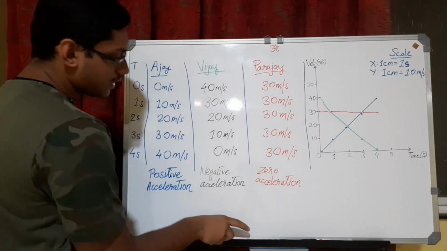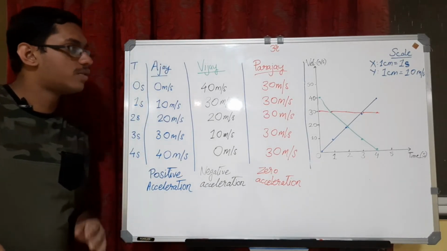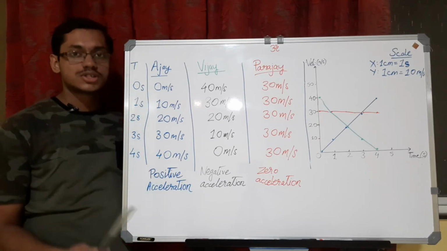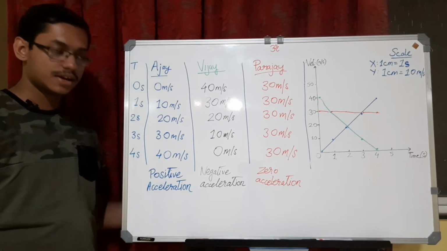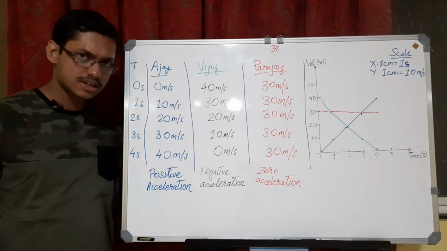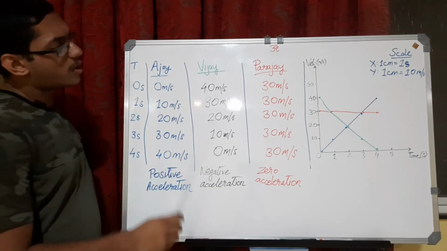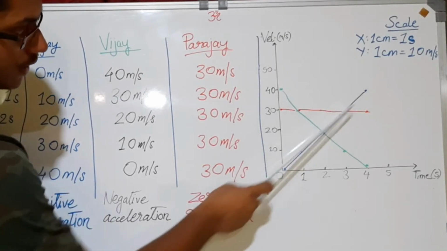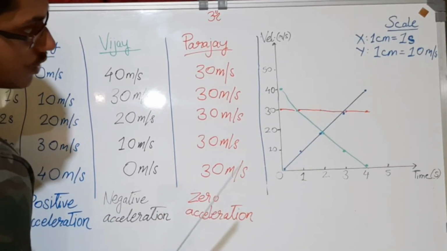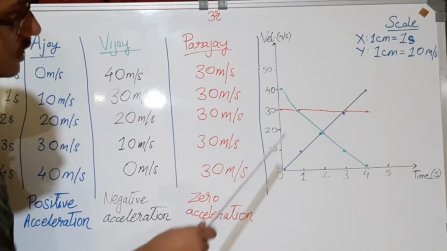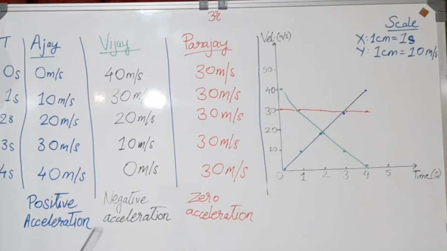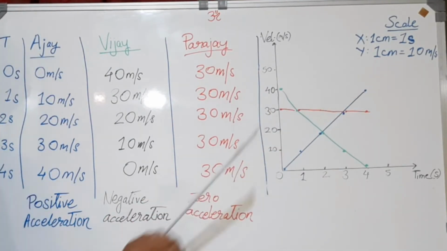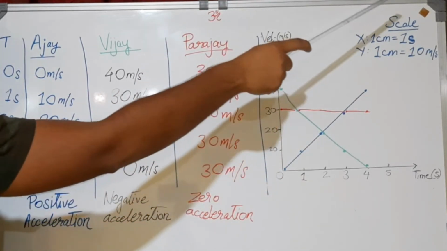So you can see another way of identifying a positive acceleration, a negative acceleration and a zero acceleration. If the velocity is increasing, the slope will be in this direction.